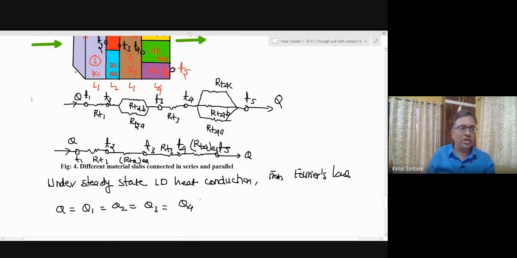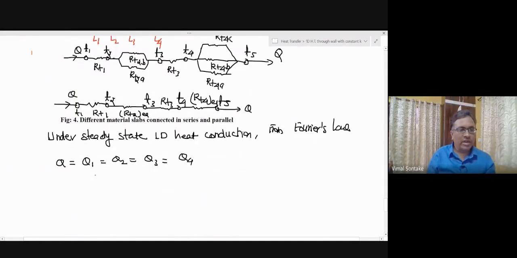Now from Fourier's law of heat conduction, how can I write the expression for Q in terms of temperature difference? T1 minus T2 over RT1. How can I write the expression for Q2?